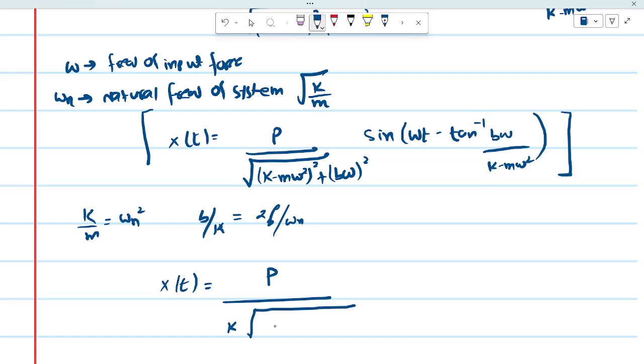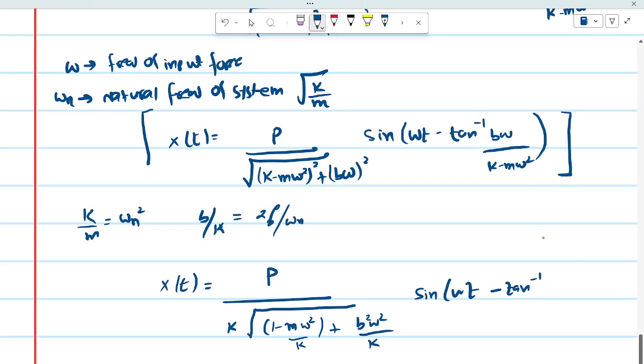It will be (1 minus m omega square divided by k) square plus (b omega divided by k) square, and then we have sine of omega t minus tangent inverse.